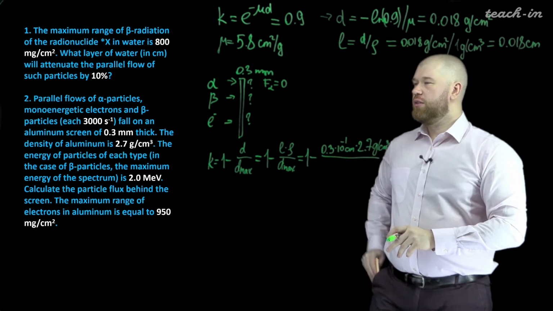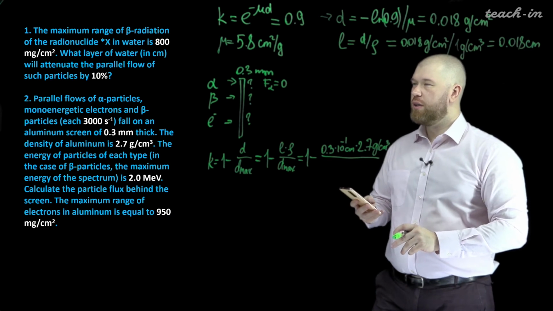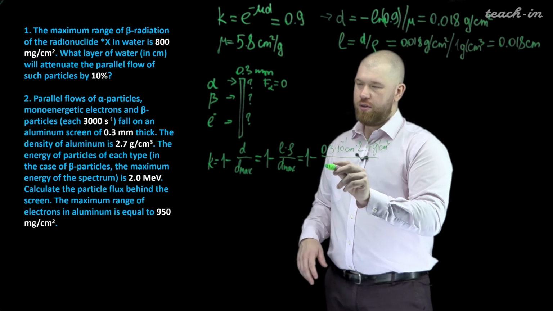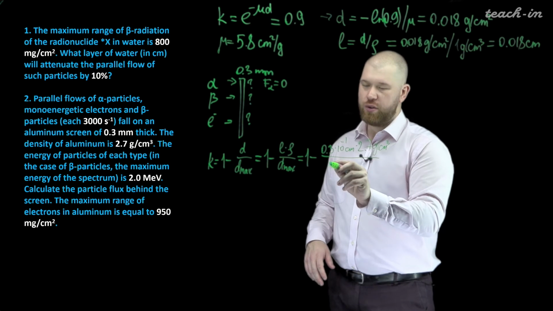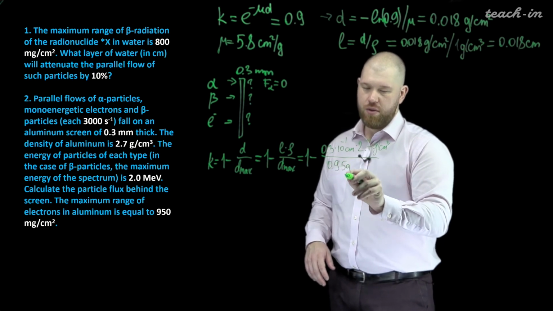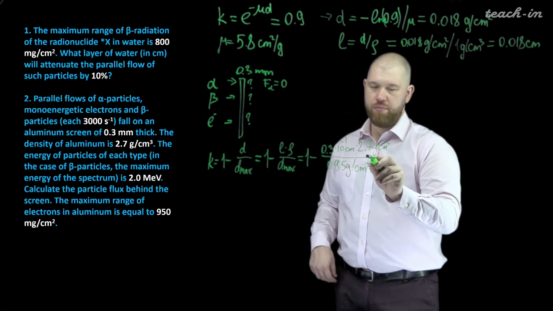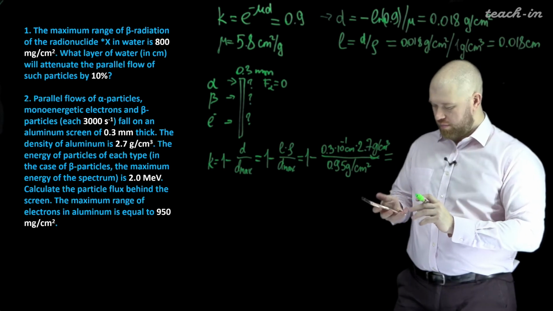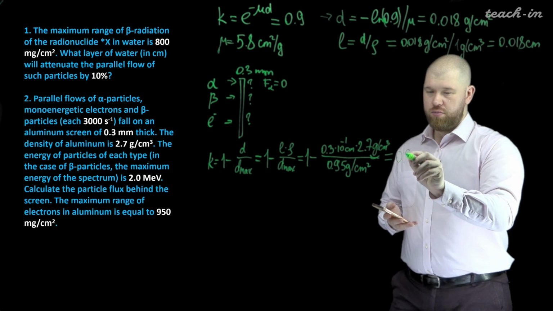And for this, we already have a maximum range. Let's convert the maximum range also to gram per square centimeter, because here we have grams. So we have all the numbers. Let's calculate it. It will be 0.15.